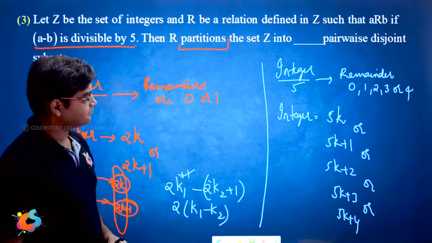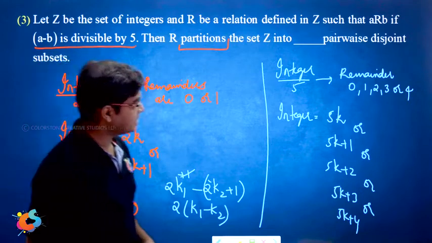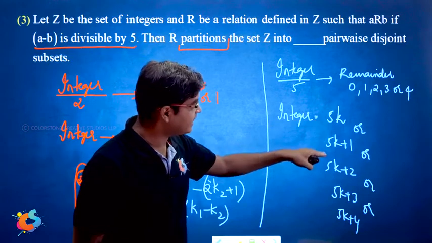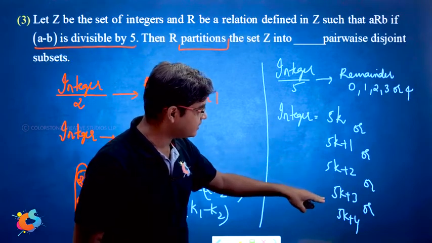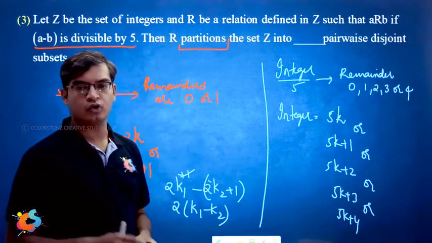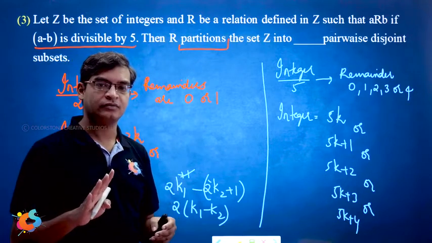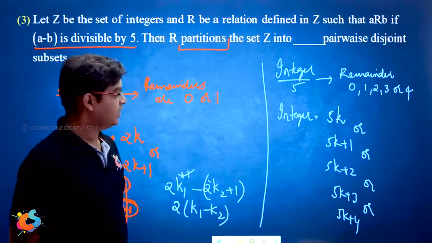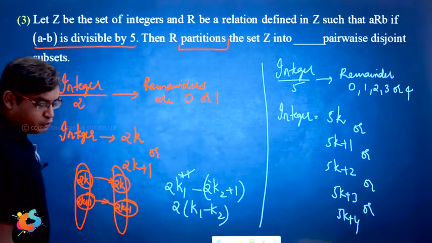So what are we understanding here? Integers are either 5k type, 5k plus 1, 5k plus 2, 5k plus 3 or 5k plus 4 type. Only 5 types are there. Any integer you take will fall into one of these types. The same thing we can do here also.